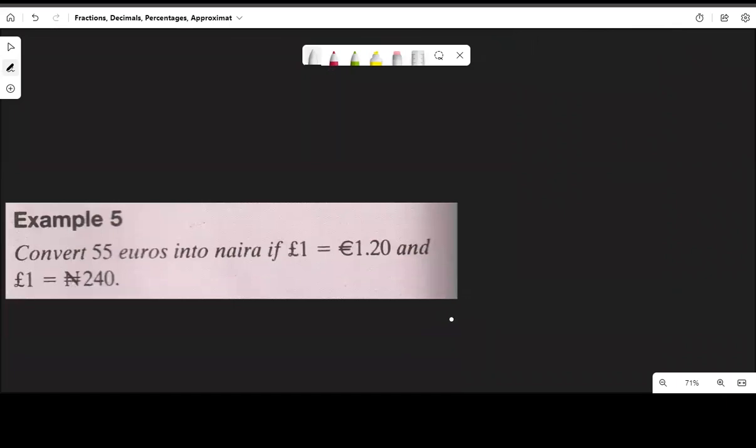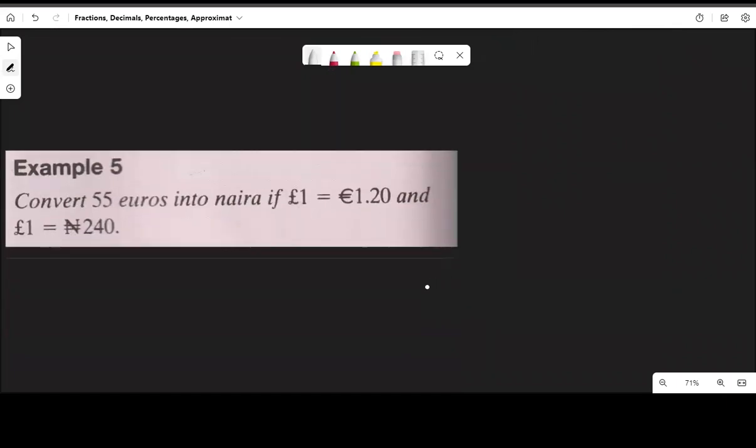The next one says convert 55 euros into naira if 1 pound is equal to 1.20 euro and 1 pound is equal to 240 naira. So it is important to understand the symbol for this currency. This is pound, this is euro. Now the value given to us is in euro, but they give us a relationship between pound and euro, and then they want us to convert these to naira.